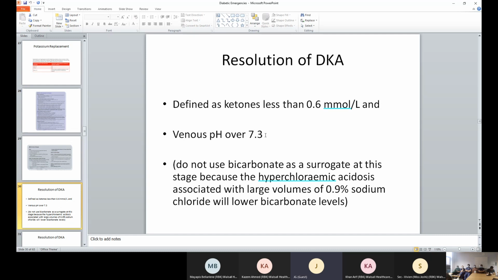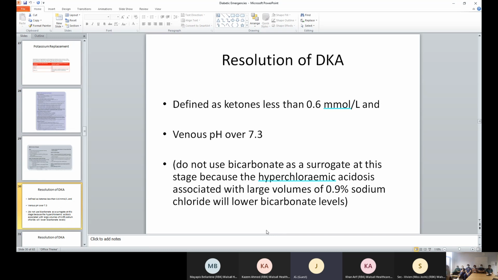They do not want to use bicarbonate as a surrogate because we are giving so much sodium chloride, causing hyperchloraemia. These two things need to be met: pH more than 7.3 and 2 consecutive ketones less than 0.6. That's when you say it is the resolution of DKA.